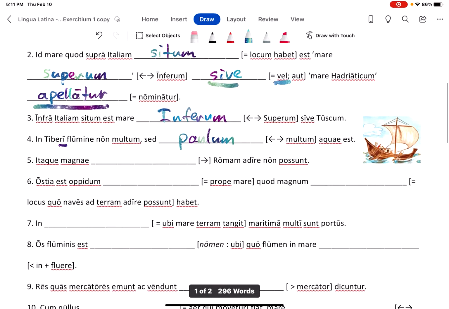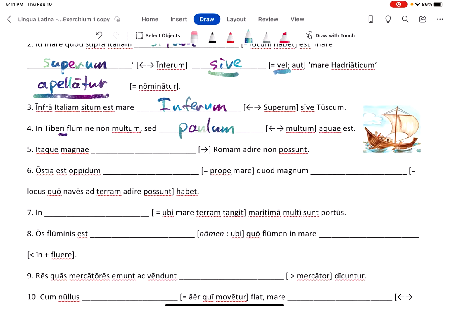Bene. Number 5, itaque magnae naves Romam adire non possunt. And so large ships, non possunt, are not able to go towards Rome via the Tiber River.